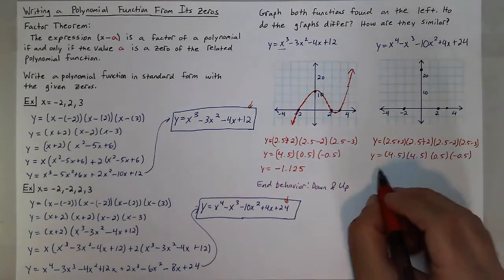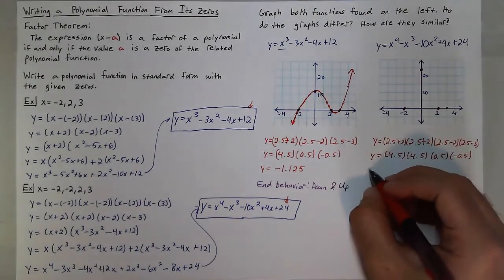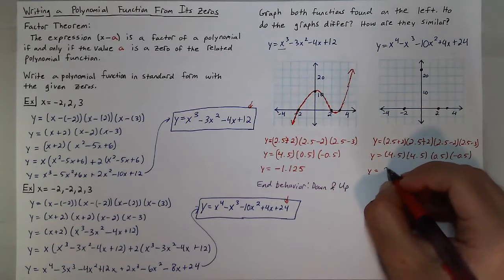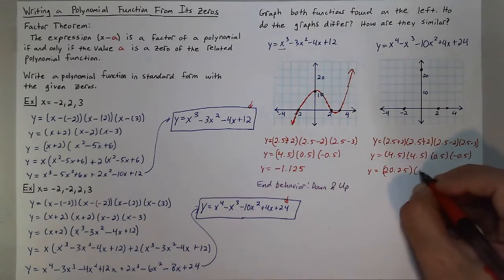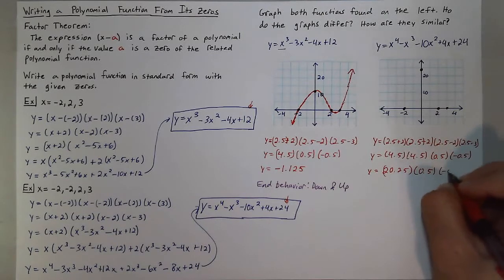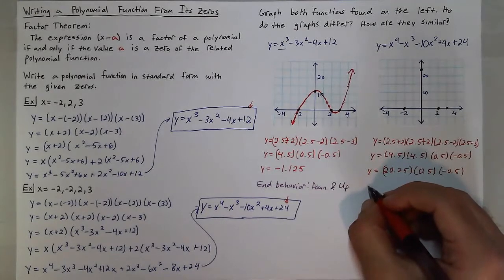So again, 4.5 times 4.5 is quite a big number, but that is just going to be 20.25. And then I'm going to take half of that twice. So half of 20.25 is 10.125.